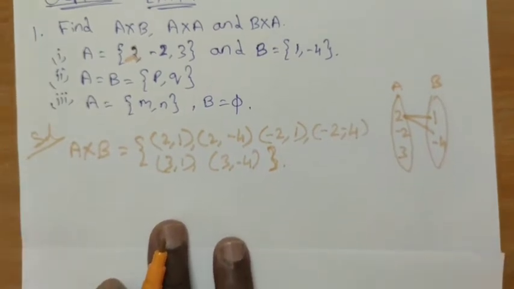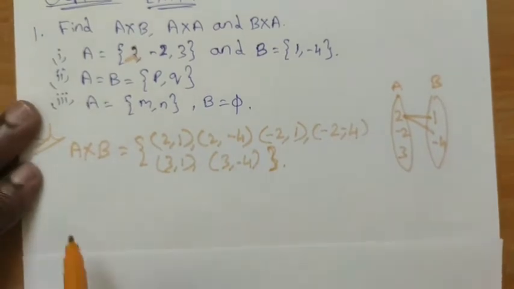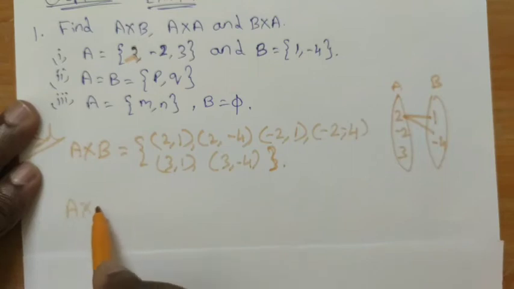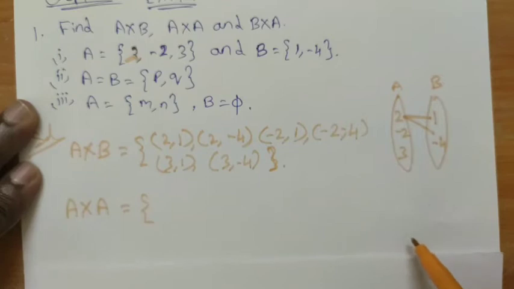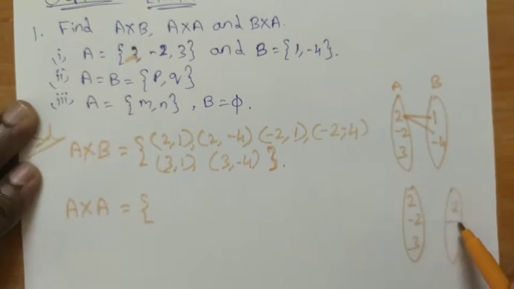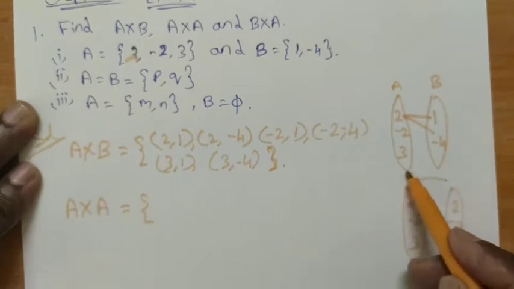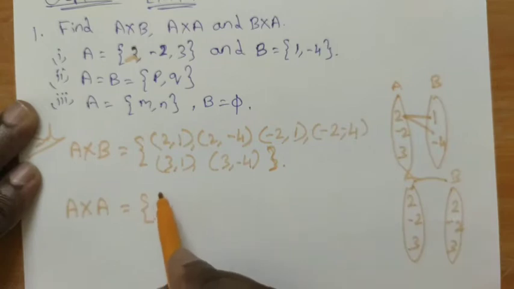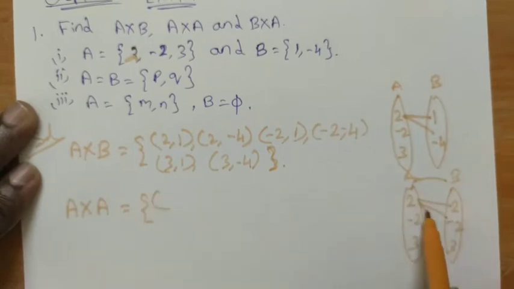Next we have to find out what is A into A. Both sets are A. Here I write the set A: 2, minus 2, 3. Here also the set A: 2, minus 2, 3. The first set is mapped, right?